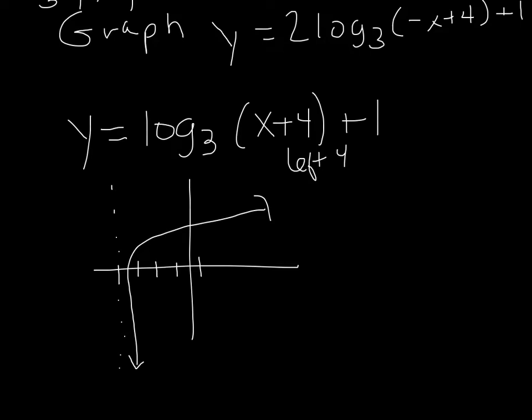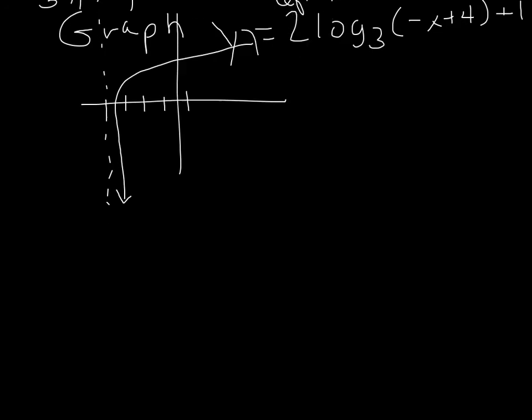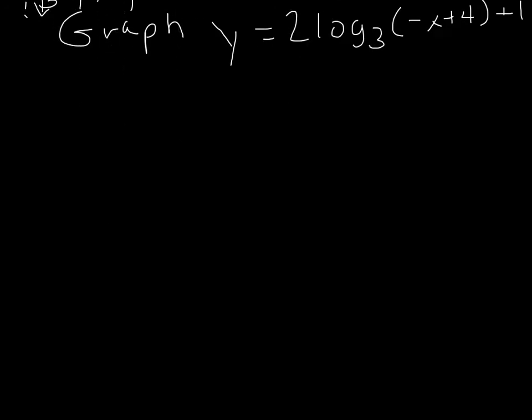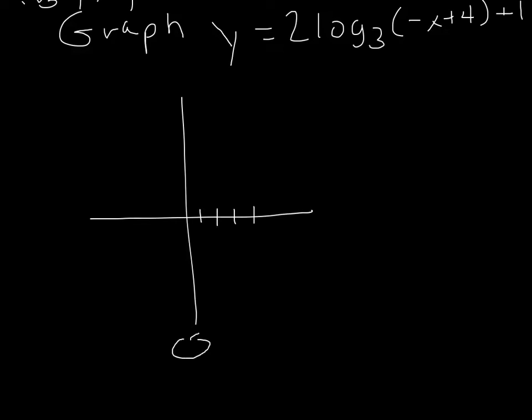Okay, then we have the transformation where we're going to reflect over the x-axis. So let's move this stuff out of the way. Now that asymptote was on the left at x equals -4, but now because we reflected, picture this as an axis right here, and you're flipping this around on the y-axis.